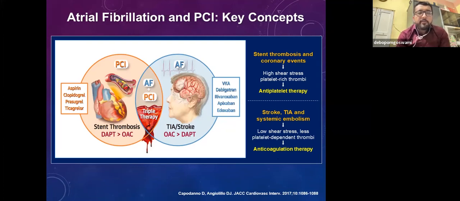For the stenting part, to prevent stent thrombosis, dual antiplatelet therapy plays a major role and is far superior in comparison to oral anticoagulants. But there has to be a balance between the two, because adding these two up can result in a huge bleeding burden. Next slide, please.